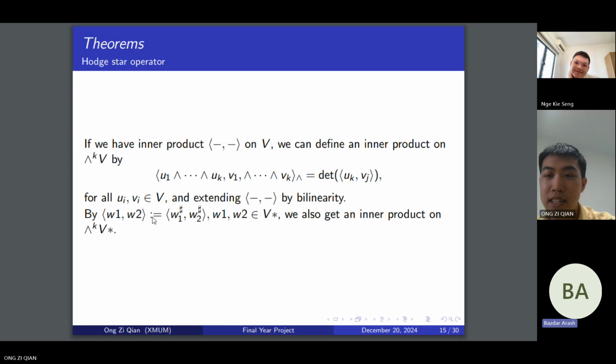Have you used ChatGPT to produce this? No? But why do too many people like this? No, I was looking at the textbook and typed it. But you see, it's not one mistake. You have W1, the index is written there. W2, again repeated. Then V star, the star should be on top. Then lambda k V star, again the star should be on top.